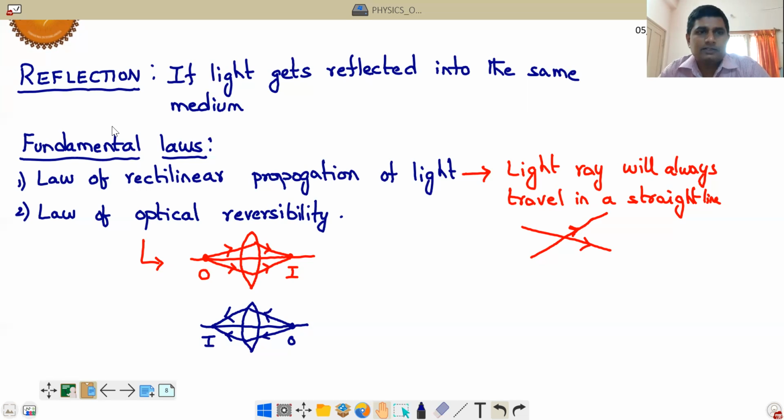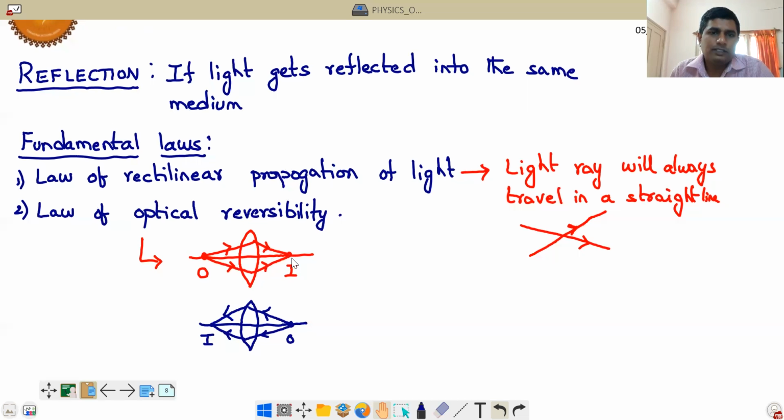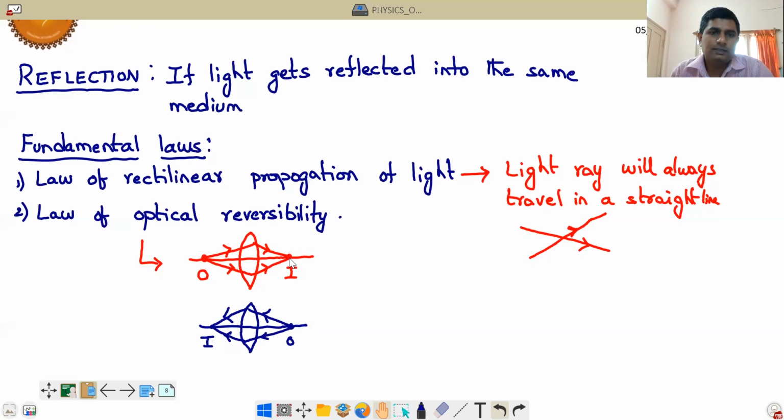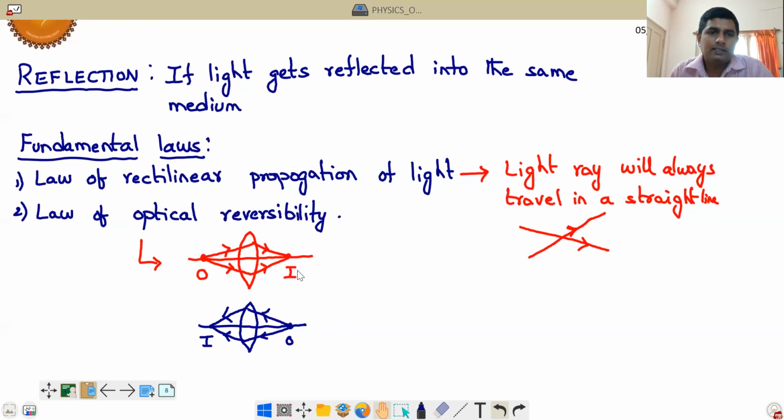Okay, and then the next law is called the law of optical reversibility. This law states that the object and image can be reversed. Suppose we take a convex lens, and if you place an object in front of the lens, then there will be an image. Suppose the image is formed here. This is the object, this is the image. Now, at the position of the image, if you place the same object, then the image will be formed where the object was placed in the first case.